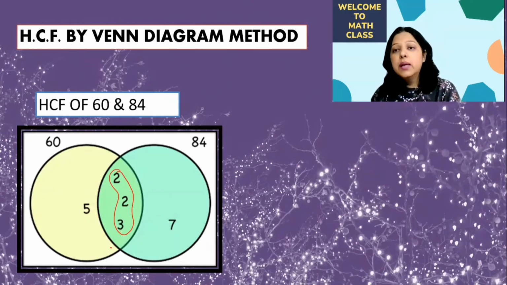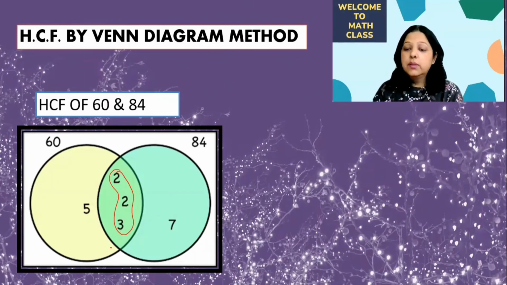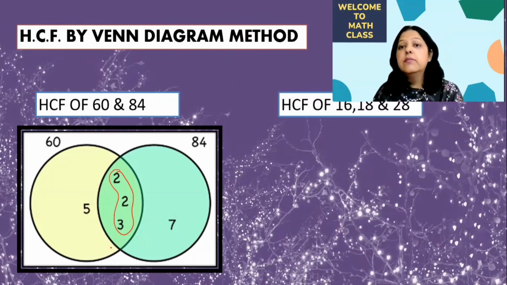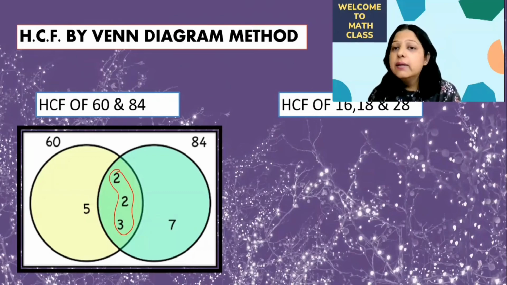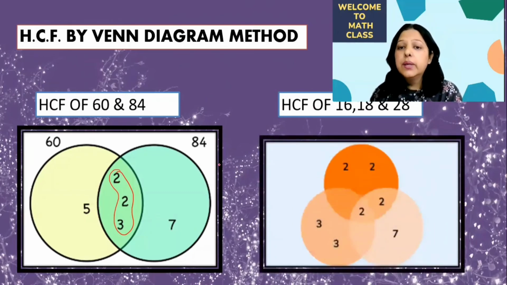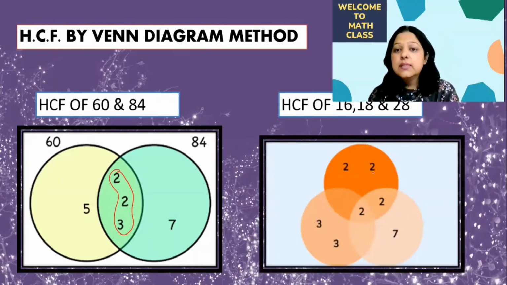Now how to apply in questions with more than two numbers? Like here we can see HCF of 16, 18 and 28. Now HCF of 16, 18 and 28, quickly you can see it here. So 16 factors are here, 2 into 2, and this is an intersection part.